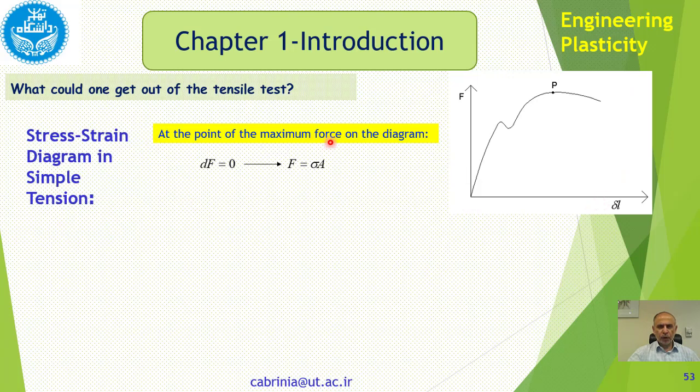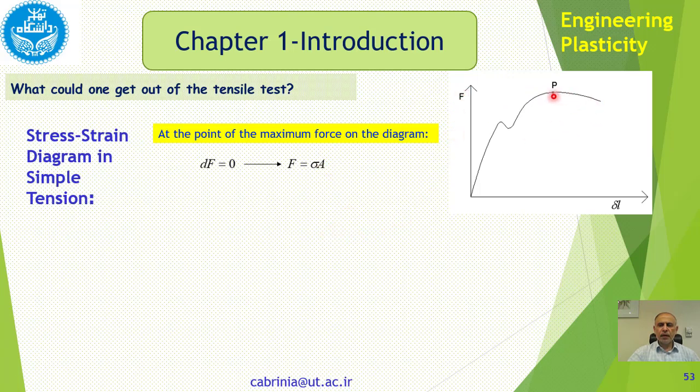Now it says at the point of maximum force on the diagram, because as you know we get a maximum point and then the necking starts and then it starts to drop for further plastic deformation. So this is the maximum point, UTS, ultimate tensile strength. Of course here is the ultimate force.